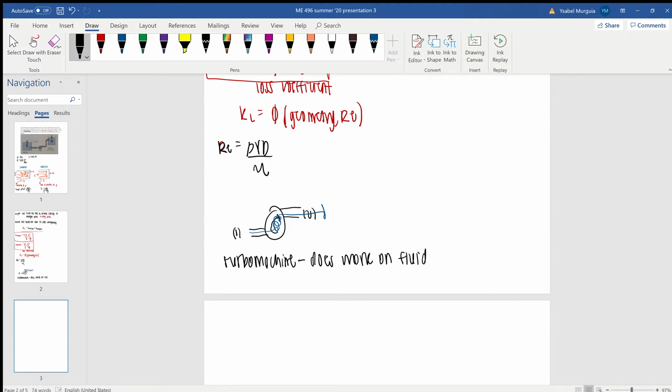Okay, so this pump is going to produce some power, right? There is work being done, so we are going to define a few equations. So for the pump, there is going to be an actual head, which is going to be the shaft work minus the pump head loss. So shaft work minus head loss. So that's going to be the actual head of the pump. We'll do actual head.